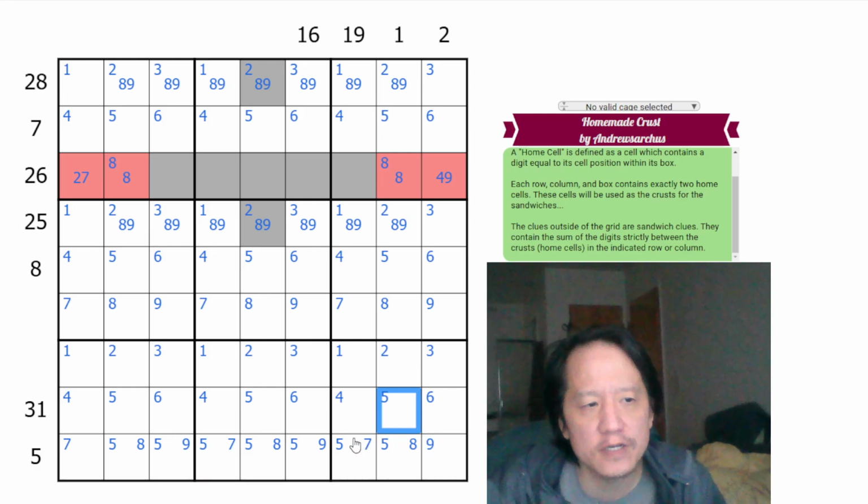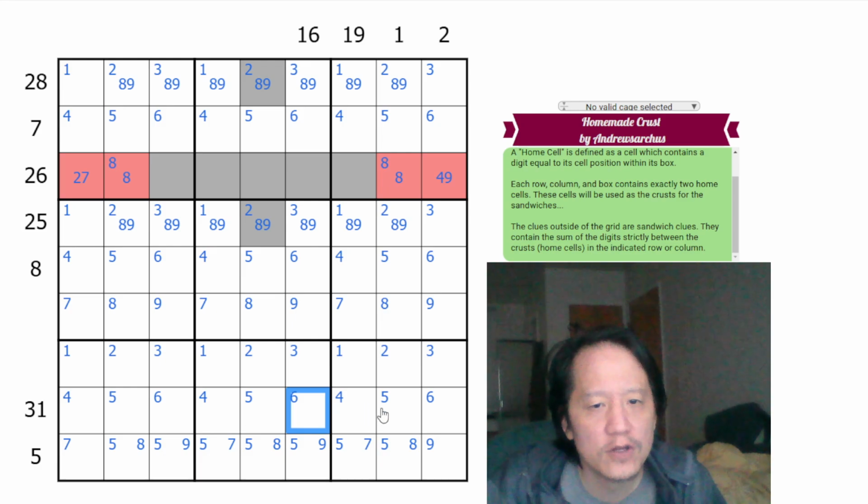4 and 6 gives you 10. So that would be 45 minus 10 is 35. But 3 digits cannot add up to 35.